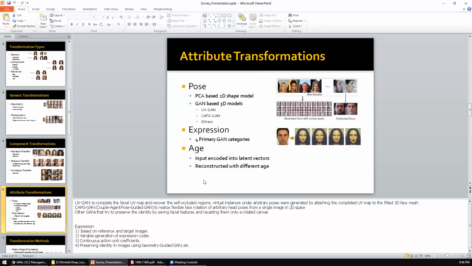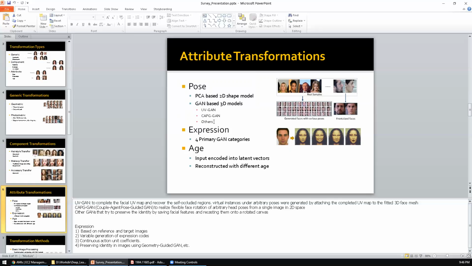The next GAN, the CR-GAN, does a flexible face rotation of arbitrary head poses from a single image in 2D space. So this is more of the same.